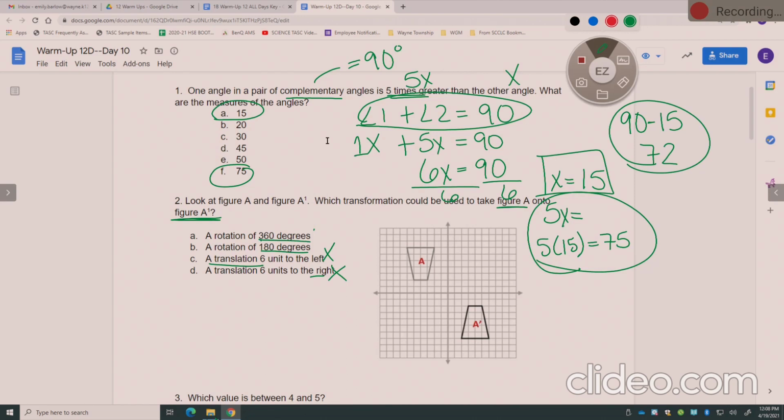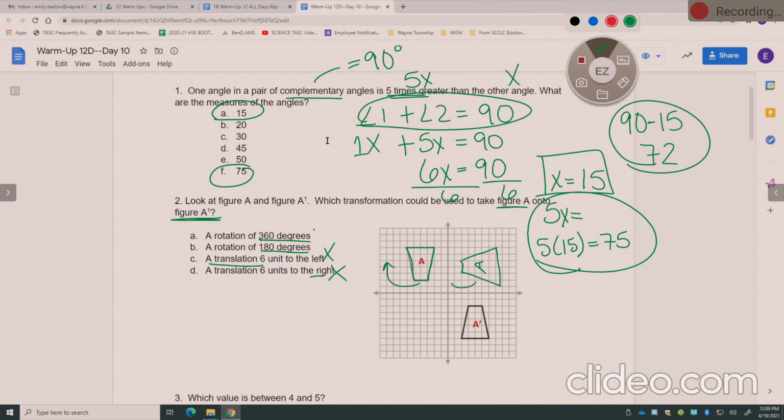Well, we know if we go from one point and we rotate 90 degrees, let me do it this way. If I take this shape and I rotate it 90 degrees, then I'm going to end up with this shape. So I took it and I turned it once 90 degrees that way.